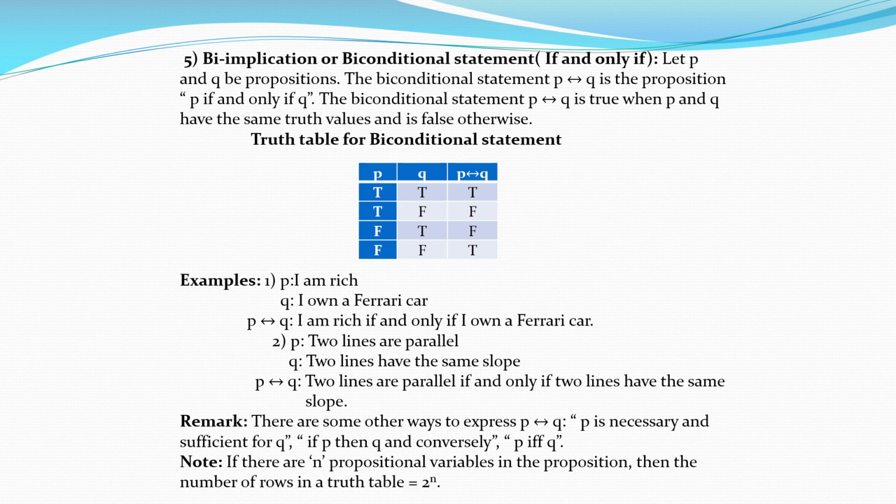One is negation, then disjunction, conjunction, implication and biimplication. But you must remember all these truth tables, then only you can solve problems based on the truth tables. And there are many problems that you have to solve in logic by using the truth tables. So if you don't know what are the standard truth tables, then you cannot solve those problems.